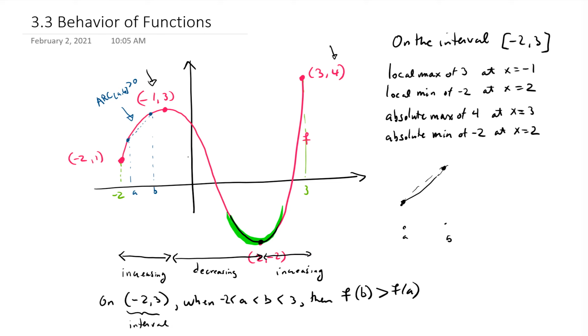You've got a positive average rate of change, and if it's true for any A and B in the interval, the function is going to be increasing on the entire interval. And we're going to say that f is increasing on the interval minus 2, 3.